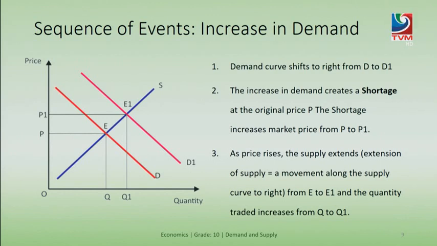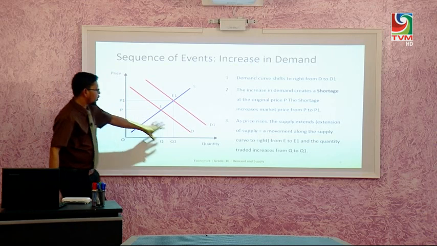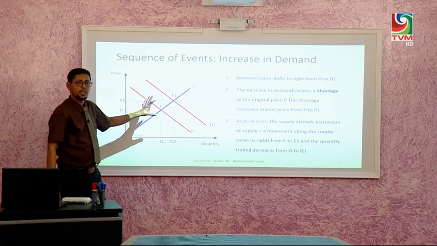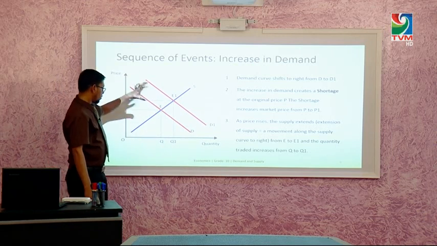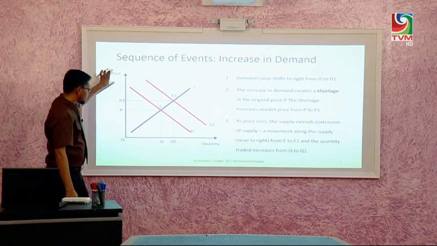So, first thing here, this is the diagram. In the diagram we have this space. This space is called price quantity space. This diagram is given on price and quantity.